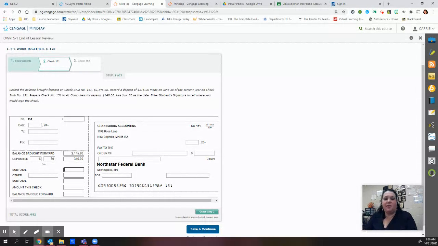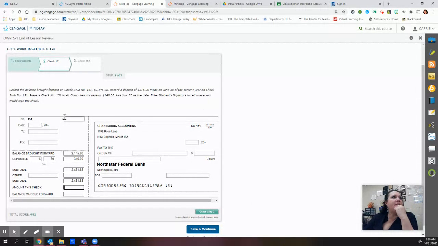Let me get out my calculator. $2,145.88 plus $316 is $2,461.88. And this other is used for any type of bank fees we might have. And then we're going to bring it down to the subtotal.